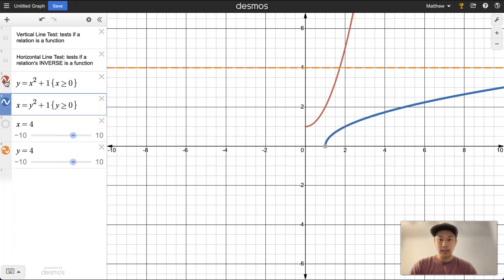Okay, so that's the inverse in blue. I restricted the original red function, and now the inverse passes the vertical line test.